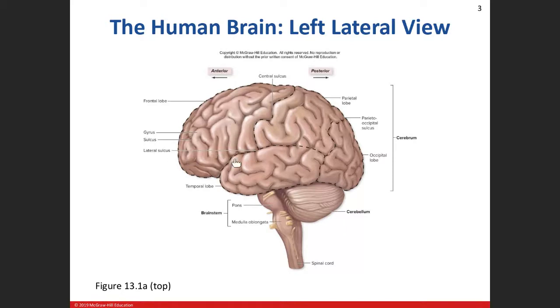So either is acceptable. But this structure right here, the lateral fissure or lateral sulcus, separates the frontal lobe from the temporal lobe. Then you can see here how the central sulcus divides the frontal lobe from the parietal lobe here.